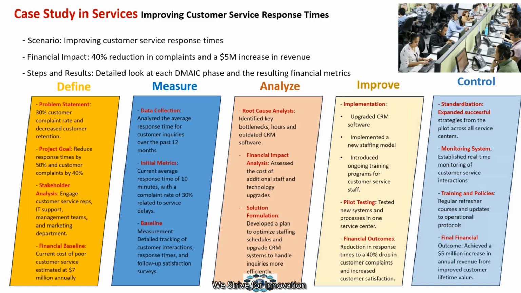You will achieve probably around 5 million increase in annual revenue from improved customer lifetime value. You see how important it is? Applying DMAIC and the concept of business performance and financial measures throughout the phases of DMAIC will ensure we reach the goal we set at the beginning.